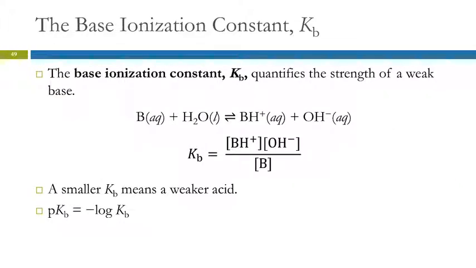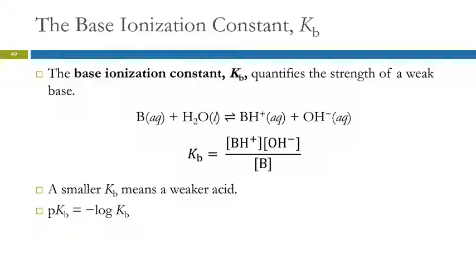Instead of an acid ionization constant, we have a base ionization constant, so that's Kb. This tells us how strong the weak base is. We look at this reaction where the base is accepting a hydrogen ion and forming hydroxide. Kb equals the concentration of BH plus times OH minus over the concentration of B. If you have a small Kb, that means you have a lower concentration of products. It's a weaker base.